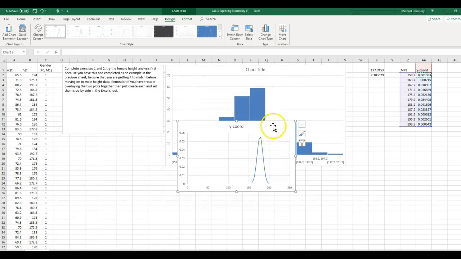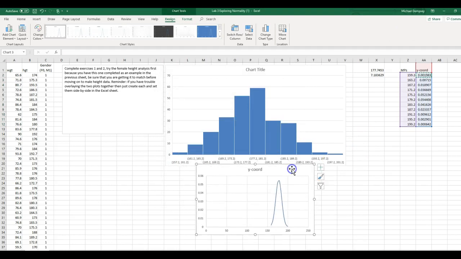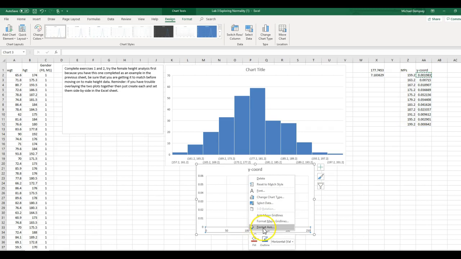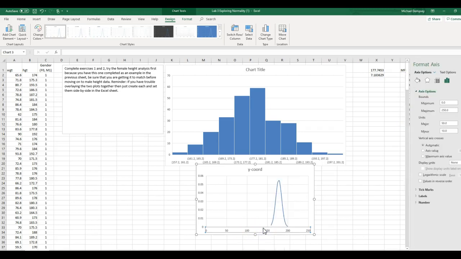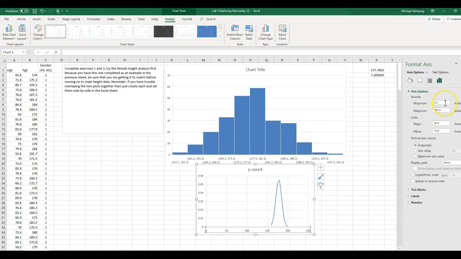All right. So you look at this, and we kind of want to fit it to this scale, which we don't have. That's an easy enough fix. The reason it doesn't look like that is because it's not scaled like this. This thing basically goes from like what, 157 to 200. So let's try to switch it up. Come down to the axis here, right click on that axis, okay? And let's just format the axis. All right, let's tell Excel, like, look, don't start at 0.